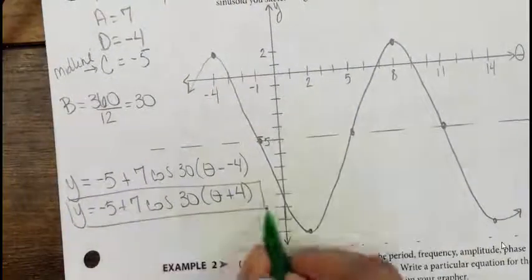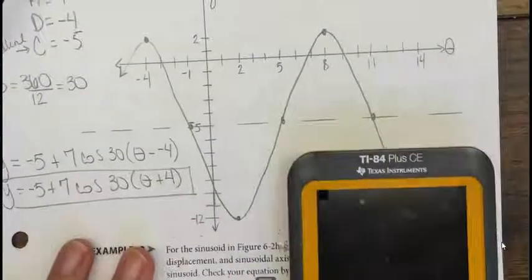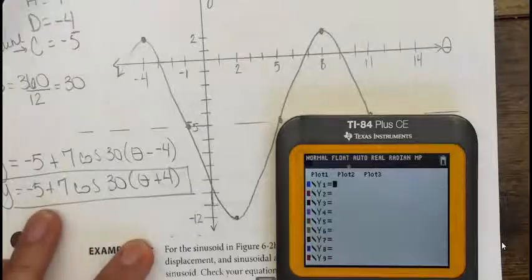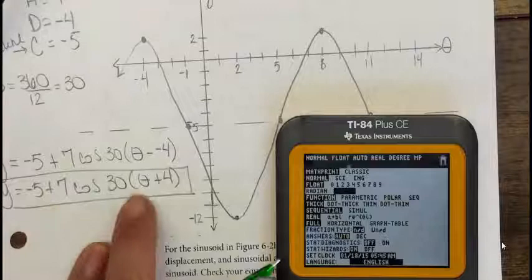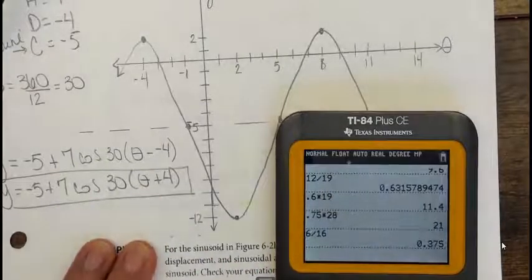Now let's go ahead and put this onto our grapher and make sure that our graph looks similar to what we get on our grapher. Now, first of all, make sure that you're in the degree mode because we are using degrees, right? We've got theta here. Okay, back here.